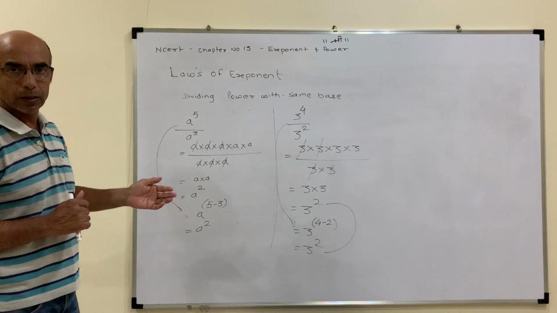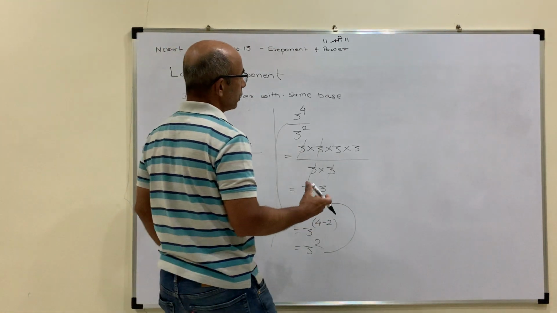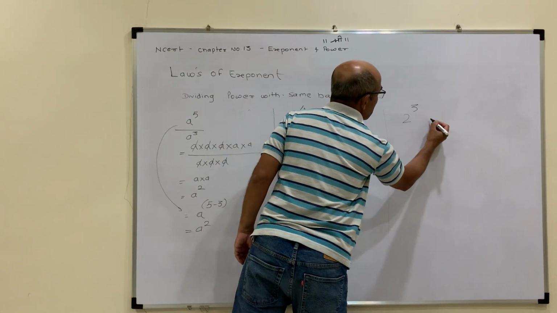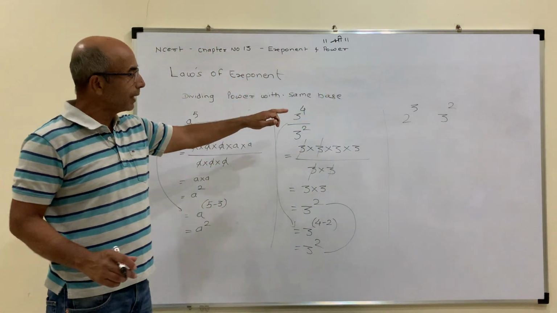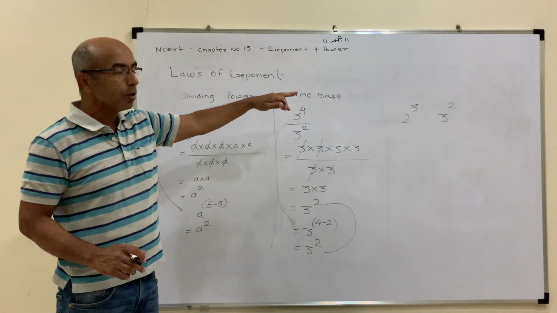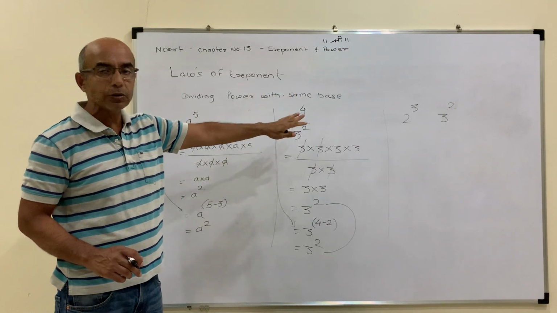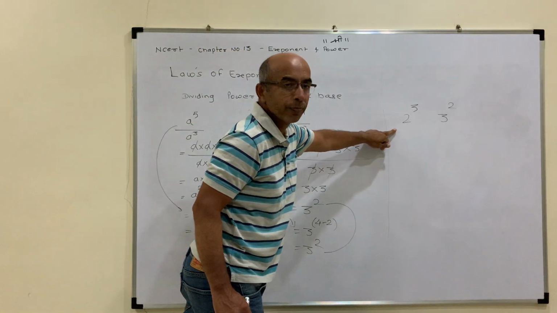And you need to keep one thing in mind, 2 raised to 3 and 3 raised to 2 are not with the same base. Though the powers appear to be a little similar, there is a huge difference. In the first case, the base is 2.